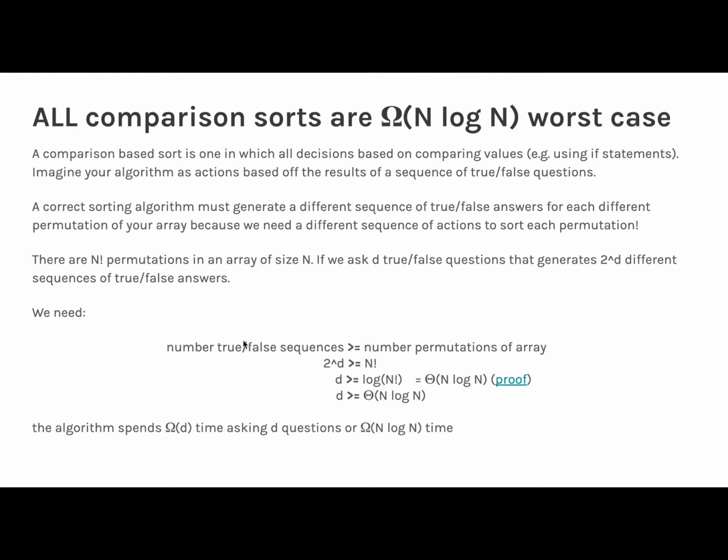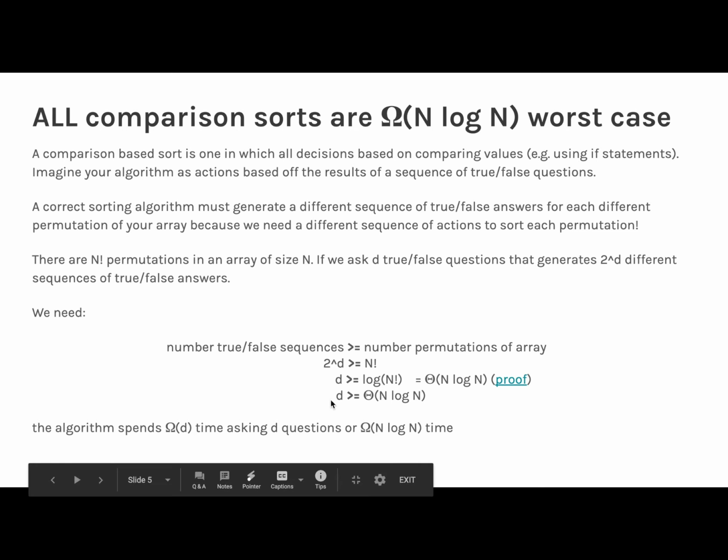So if we fill that in, the number of true-false sequences is 2 to the power of d, and the number of permutations, if our array has length n, is n factorial. Then if you take log of both sides, we get d is greater than or equal to log of n factorial. Log of n factorial is in theta of n log n, and I've linked a proof here in the slides, which I won't go into right now. But then that means d is greater than or equal to n log n.